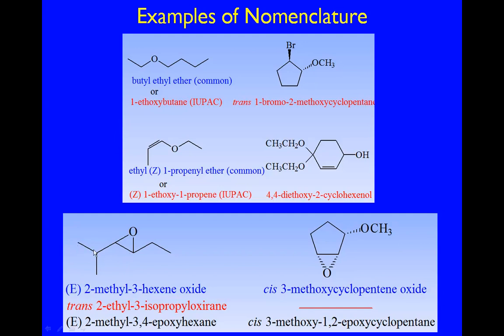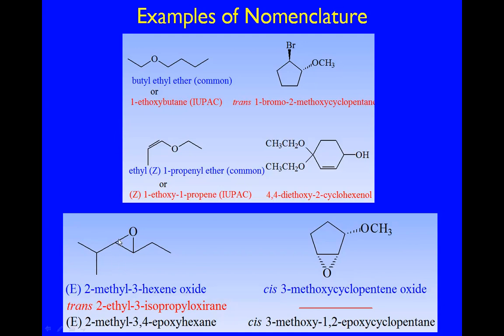You have to now regard this whole thing as a parent chain, and this as a side chain. So in the second position there is a methyl group that's listed here, 2-methyl-3-hexene. At the third position is where the oxide is, and that's where the double bond would have been. So this is regarded as the oxide of the alkene. So that's one nomenclature. 2-ethyl-3-isopropyloxirane.